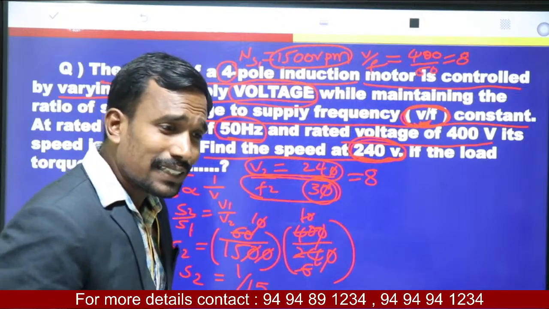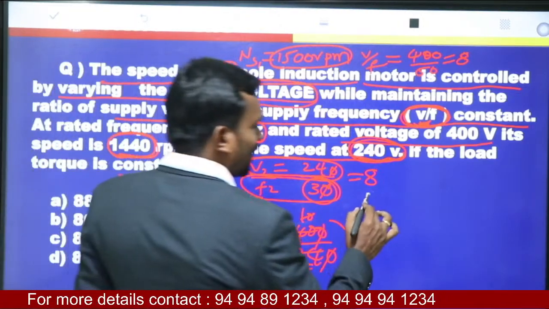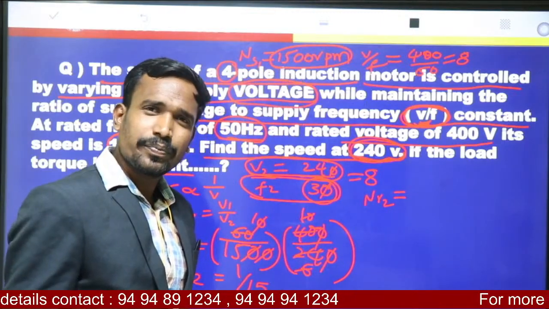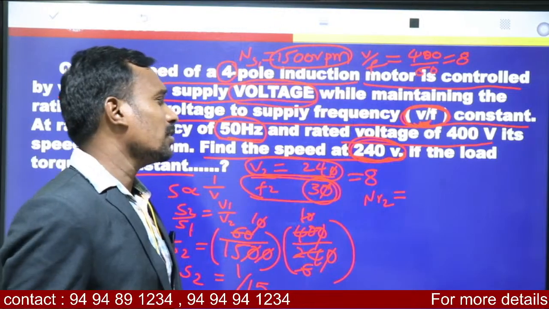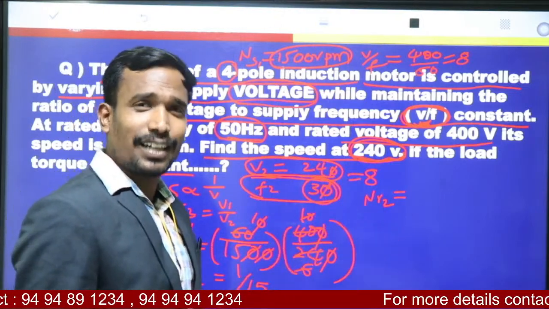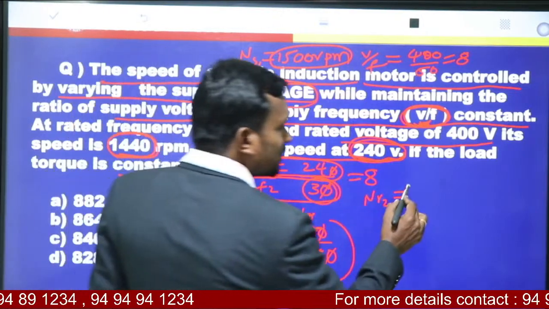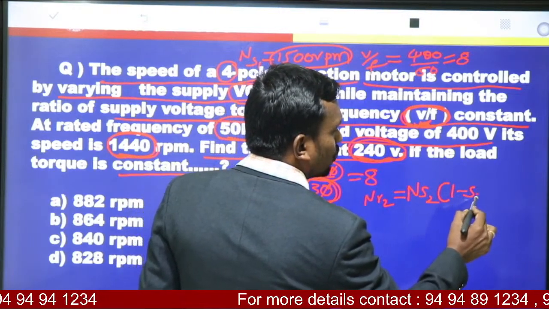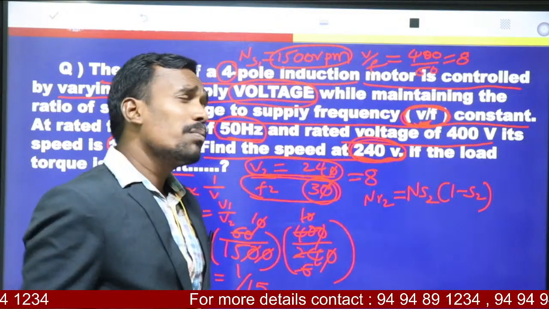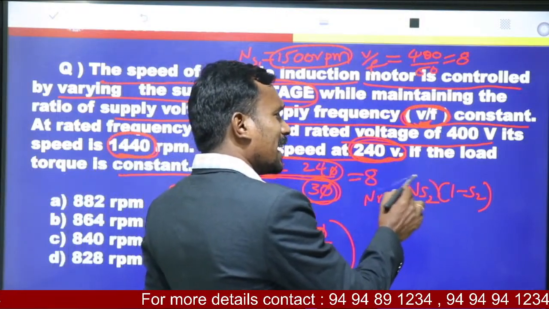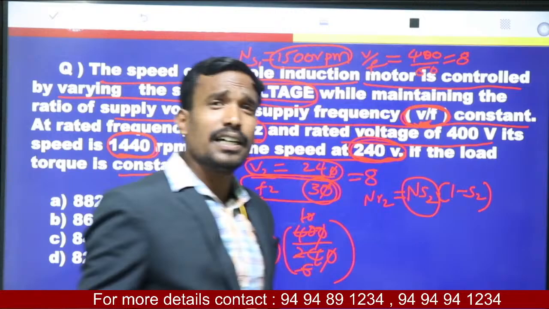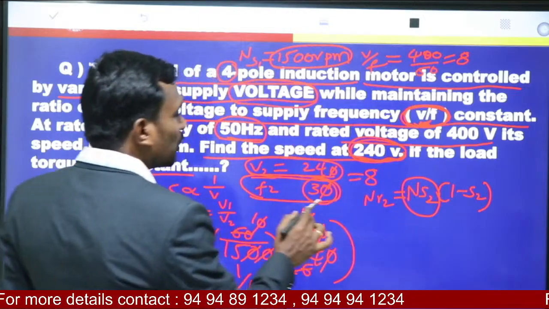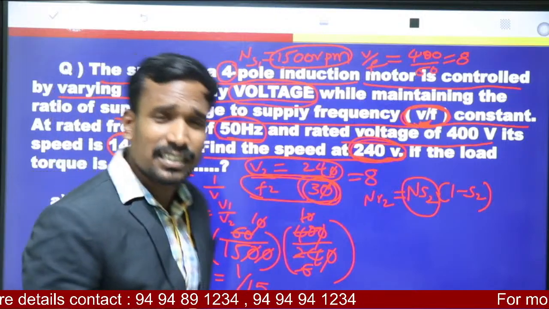Okay, so let's calculate it. NR2 is equal to, can you tell me? Generally 90% of people do this step wrong. Here NR2 is equal to NS2 into (1 minus S2). But in the previous problem, we took just NS. Here we have to take NS2 because the frequency changes to 30 hertz.